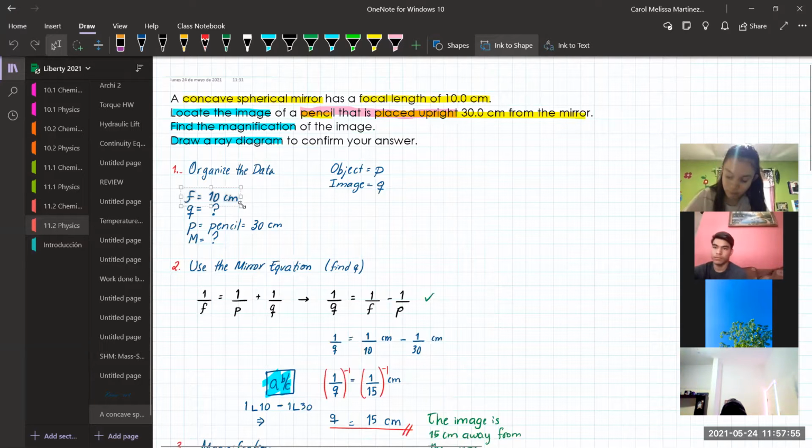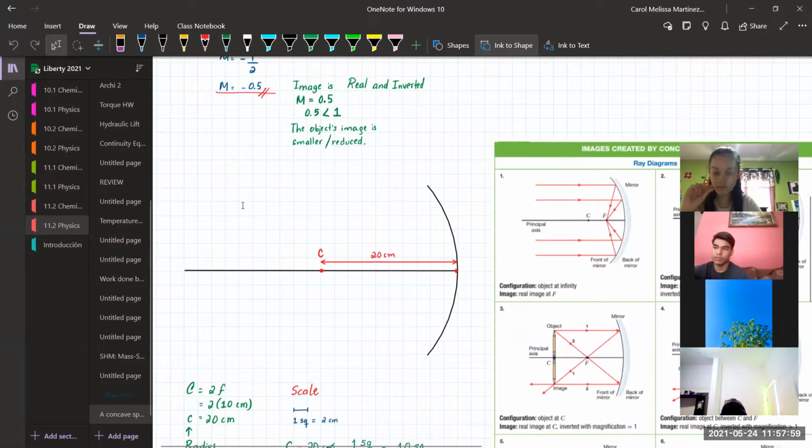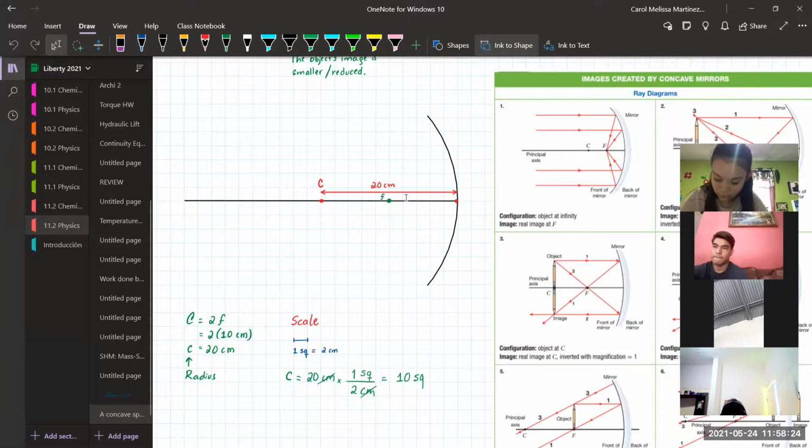How many boxes are 10 centimeters? Remember, one box is 2 centimeters, so 10 centimeters will be 5 boxes. So you start counting. 1, 2, 3, 4, 5. In this point right here is where you are going to locate the focal point. And you put it over there.